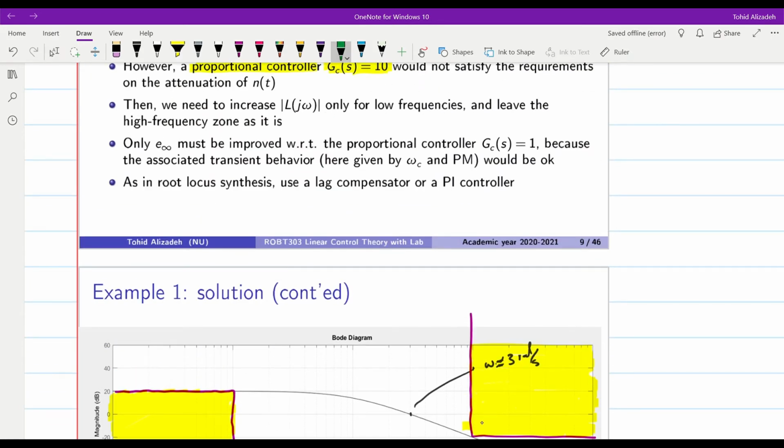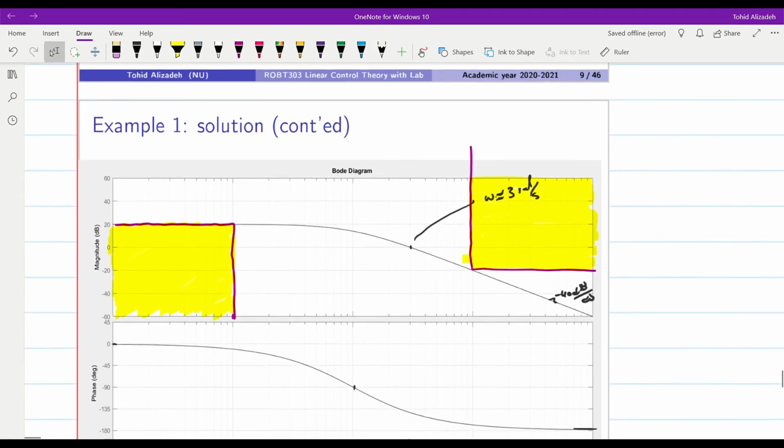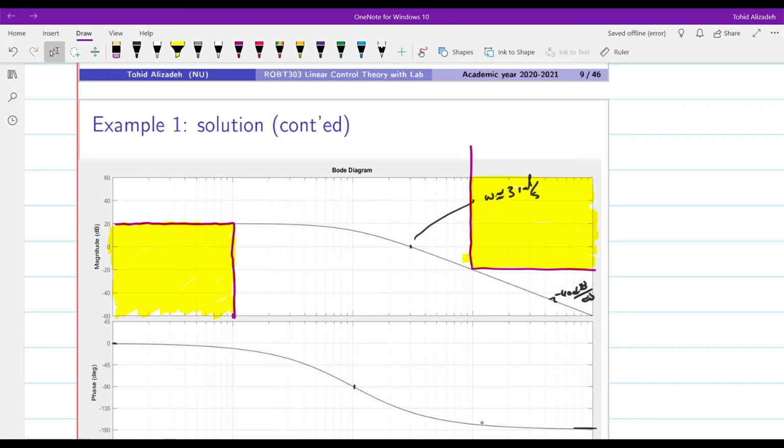I'm going to draw the new amplitude plot with GC of S. If I say GC of S is equal to 10, then the amplitude plot will be shifted by 20 decibels upwards, and as a result we will obtain the new amplitude plot somehow like this. So this will be the resulting amplitude for the L of j omega with this controller.